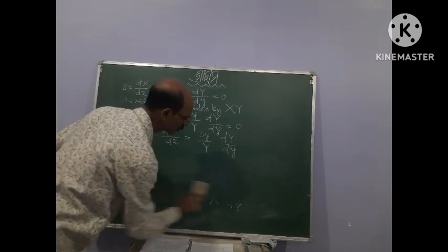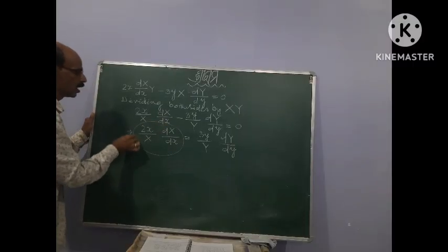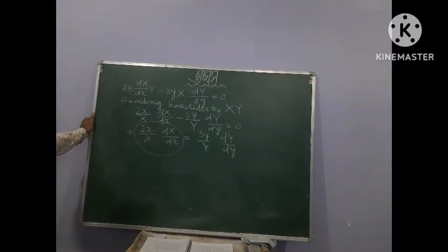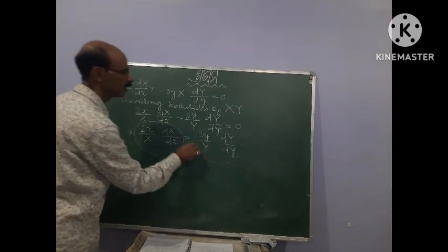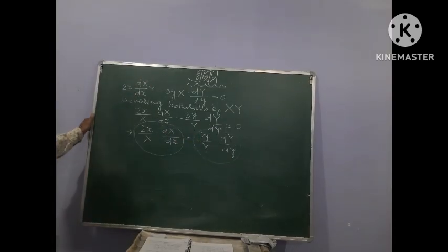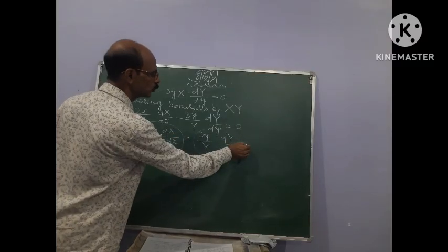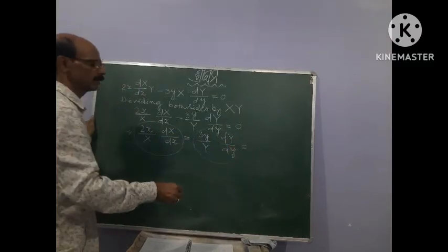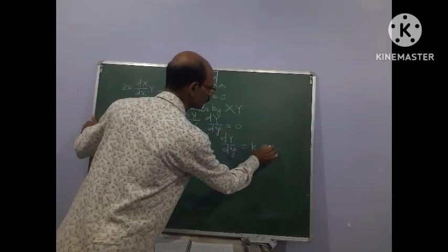Now dear students, you can see here all are x and here all are y. So these two are independently equal to, suppose they are independently equal to a constant k.